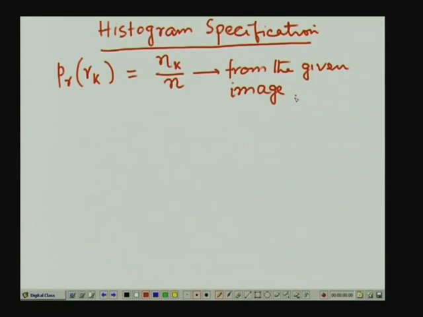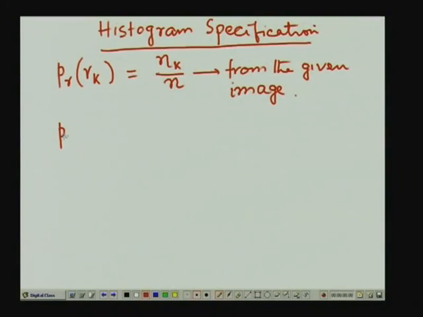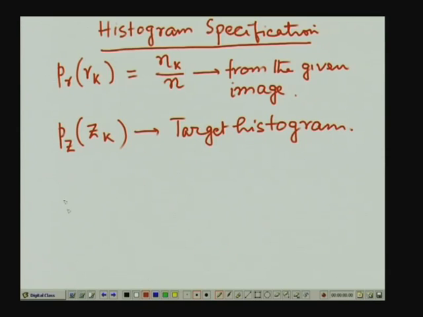And we have a target histogram which is specified, so that our processed image will have a histogram almost close to the target histogram, and the target histogram is specified in the form p_z(z_k). So, this is the target histogram which is specified. You note that we do not have the image corresponding to this particular histogram. It is only the histogram which is specified.